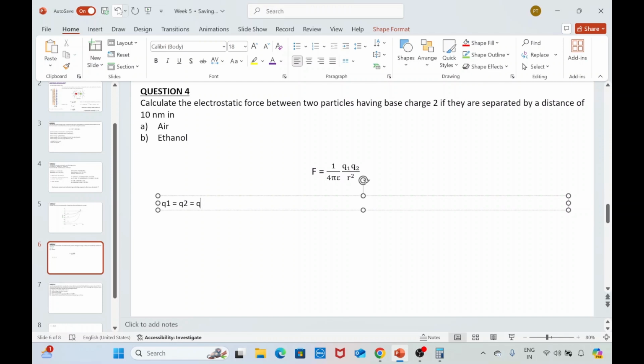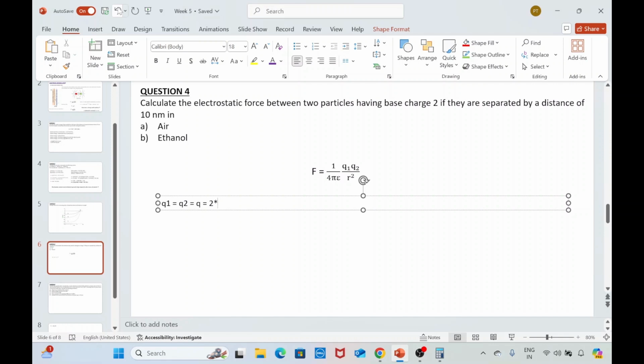They are having a base charge 2. So the Q value is 2, but since it's a base charge, we need to convert this value to Coulomb. For that we need to multiply this with a factor, and we have discussed this concept even in the surface charge density problems.